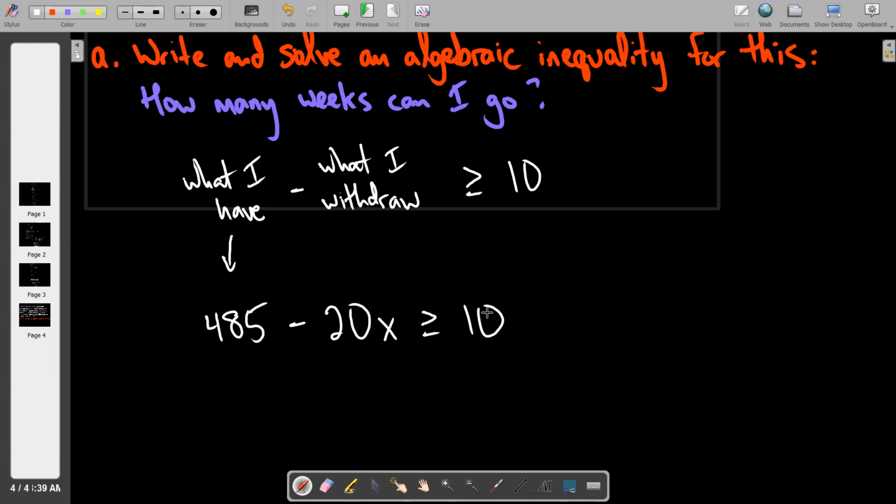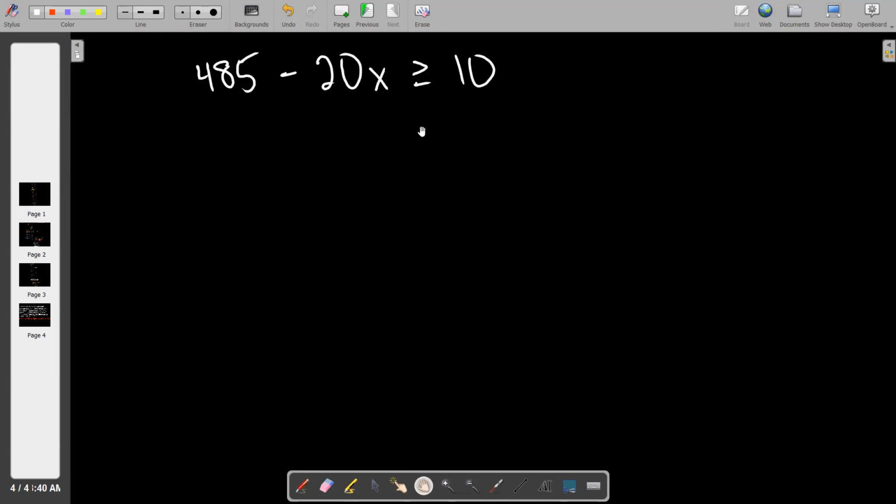And then, of course, comes what for us by mid-November should be the easy part, and that is the math. The math is generally pretty straightforward. How would you solve this inequality, excuse me? Subtract the 485. And we get negative 20x is still greater than or equal to what? 470.